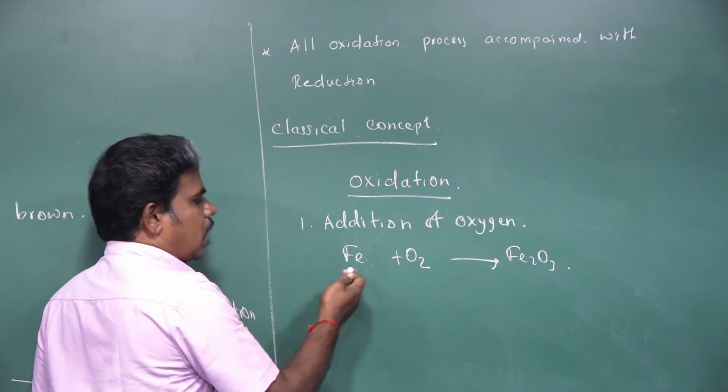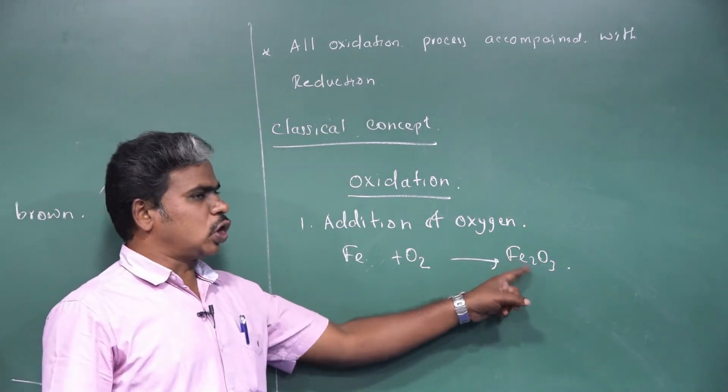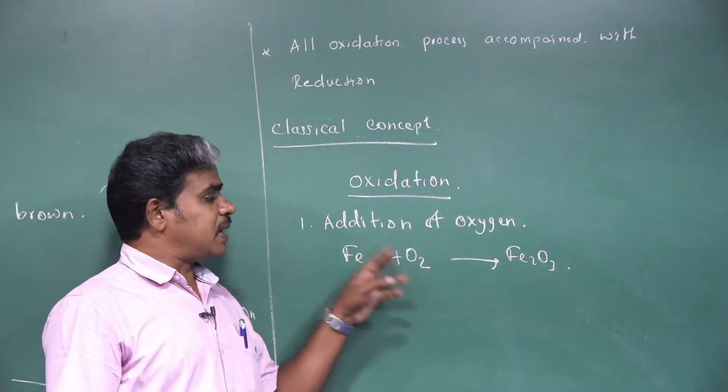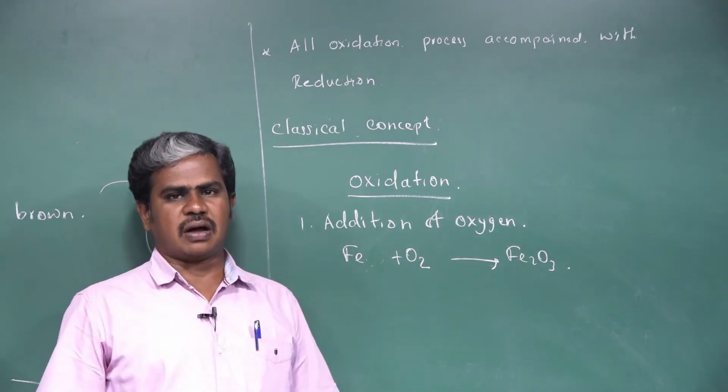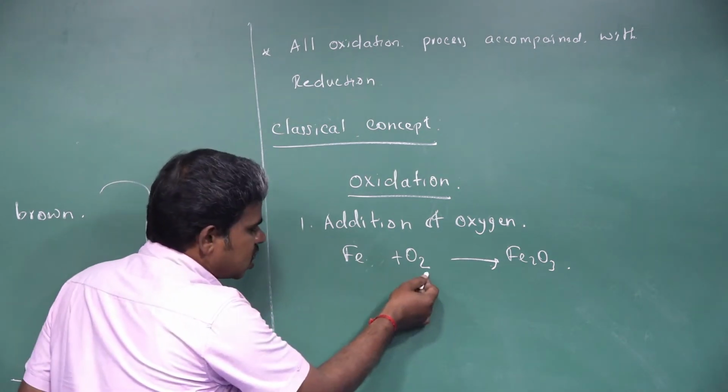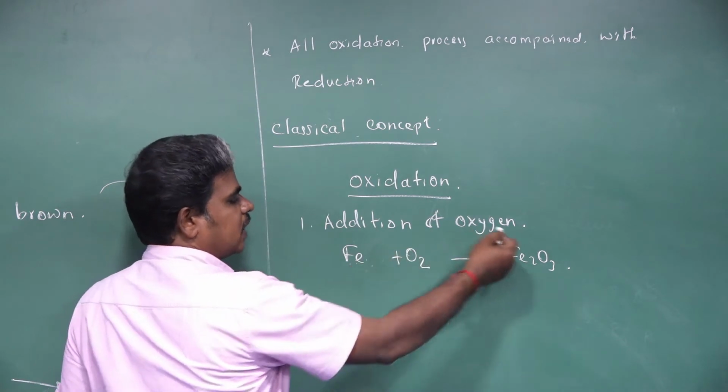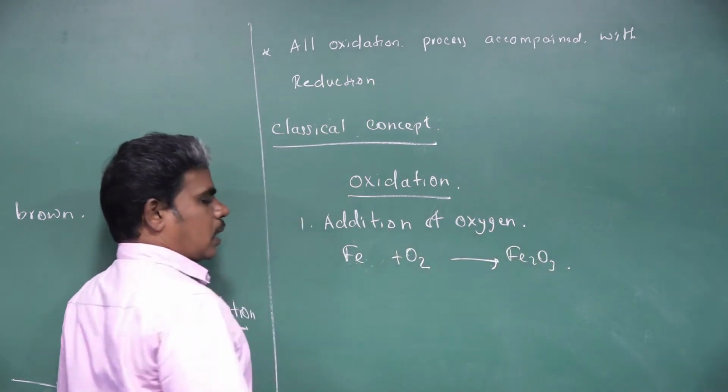So, iron gets oxidized and is converted into Fe2O3. It is the basic process of rusting of iron. So, addition of oxygen to a metal gives the metal oxide.